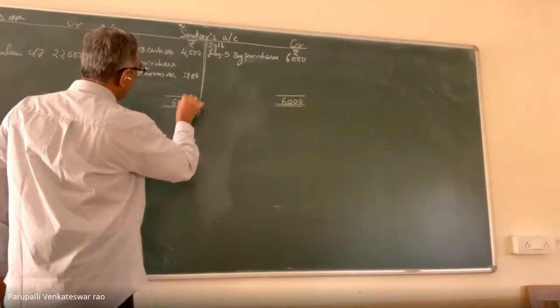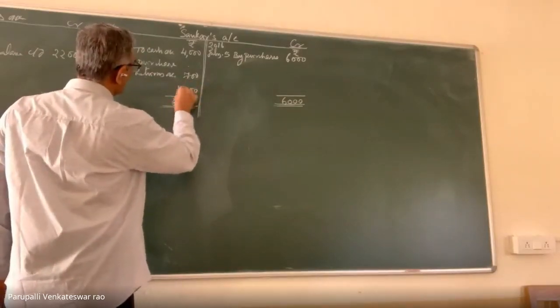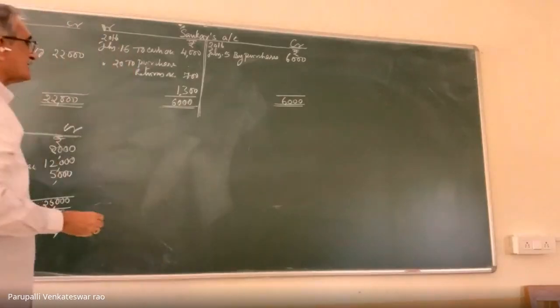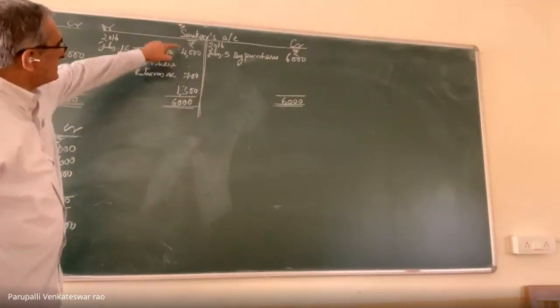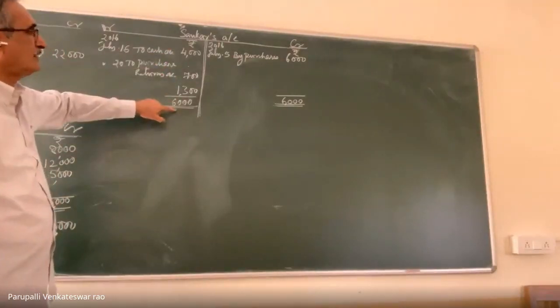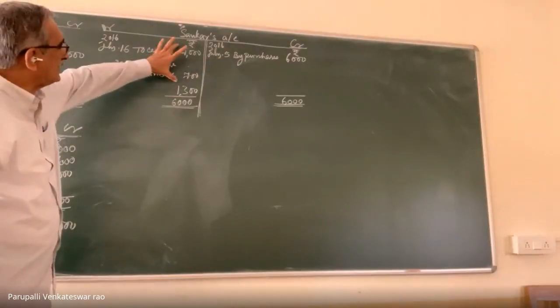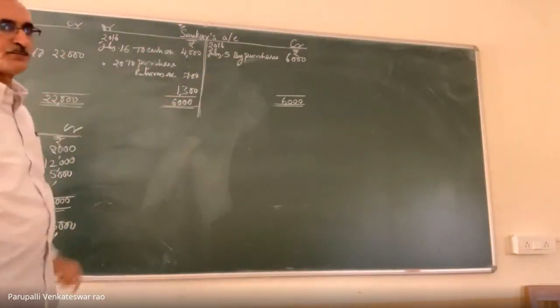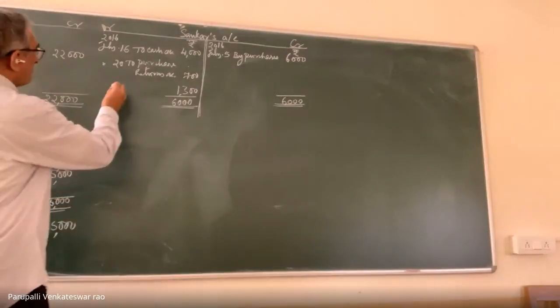What is the gap? 1,300 is the gap. Debit side is less by 1,300. If you write that balance, the total must be 6,000. So 6,000 is the credit total, 4,700 is the debit, and the gap is 1,300.